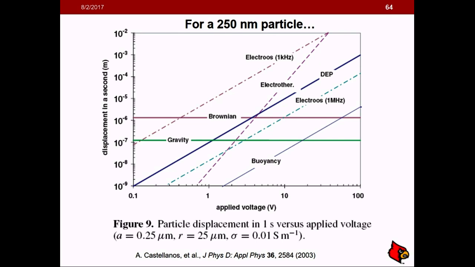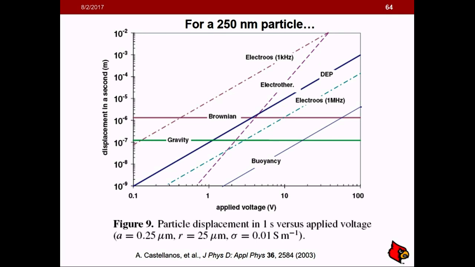So here you may say, I want to trap my particle with dielectrophoresis, but for this particular geometry, you're going to have significant competing interactions with electrothermal flow, with electroosmosis if you're at lower frequencies.